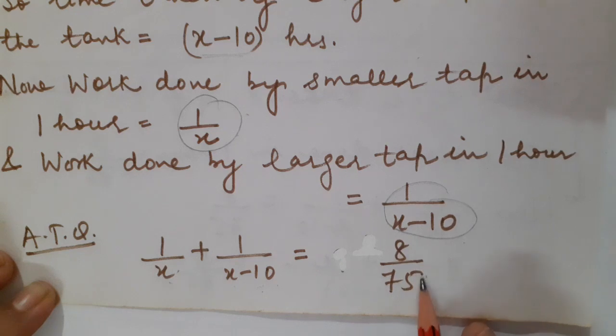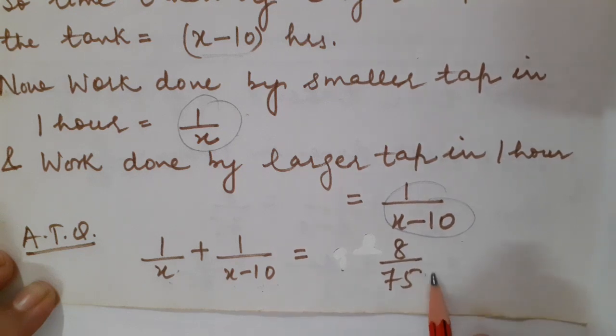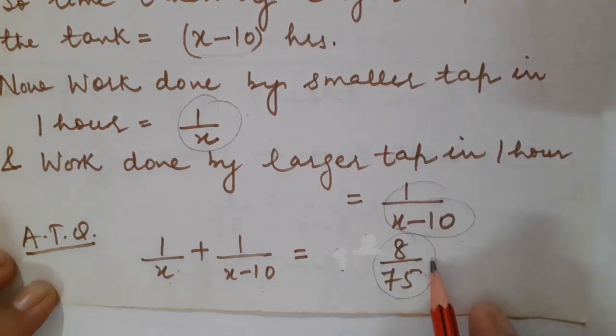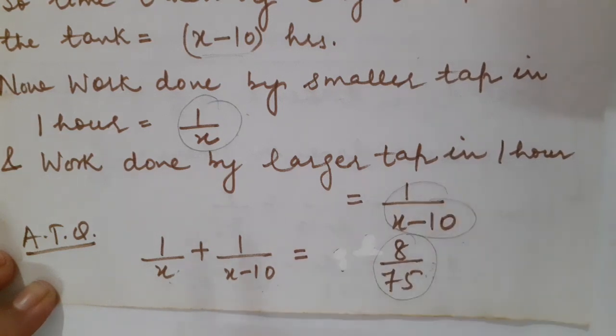Correct? So I have taken the reciprocal of 75/8, which is actually the total time taken by both the taps to fill the tank. Because this will definitely give me the work done. This is nothing but the reciprocal of the time, which was 75/8 hours. Correct, children?